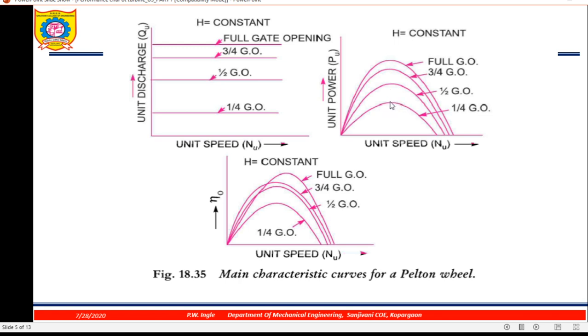Whether it is 25% gate opening, 50, 75 or 100, the maximum efficiency, suppose this is 70%. So here 70% efficiency at 1 by 4, that is 25% gate opening, occurs suppose at 700 rpm. Here also 75% and 700 rpm. So irrespective of gate opening, it occurs at the same speed.